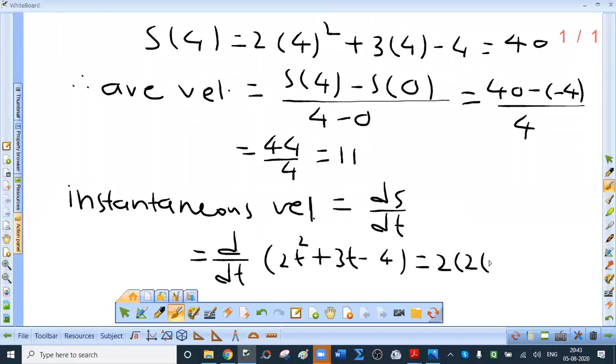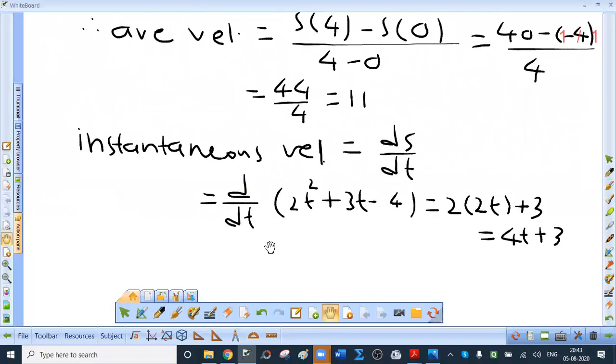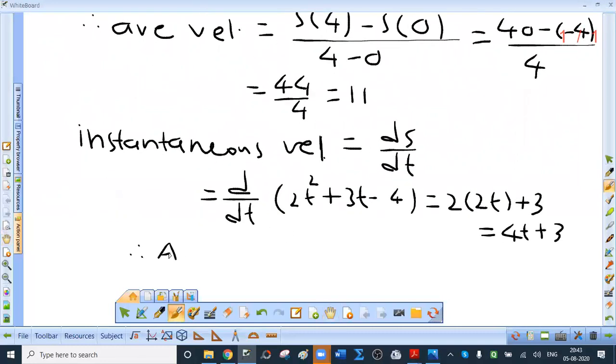So 2 into 2t plus 3, which is nothing but 4t plus 3. Now tell me, what is instantaneous velocity at t equal to c? Therefore, at t equal to c, instantaneous velocity is 4c plus 3.